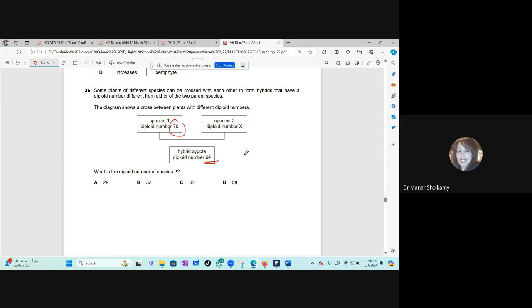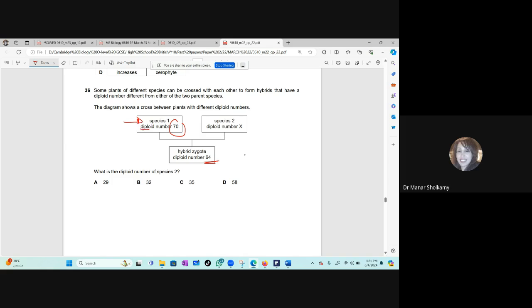What is the answer for number 36 and why? Okay, now this species 1, the diploid number is 70.